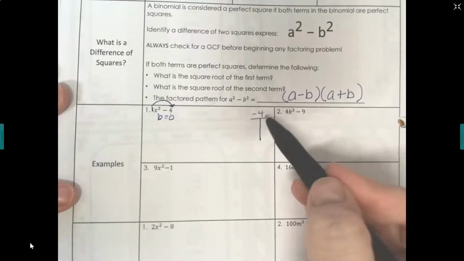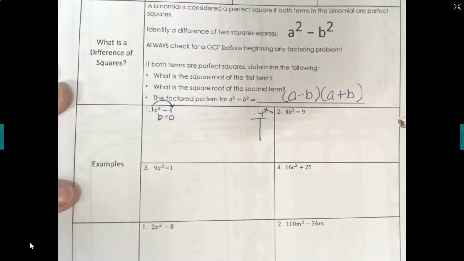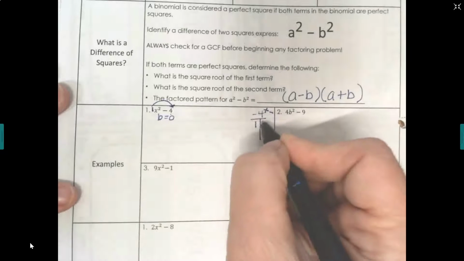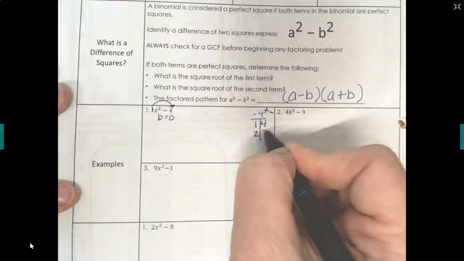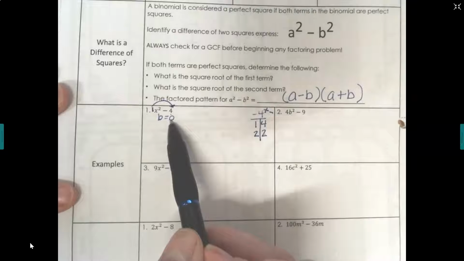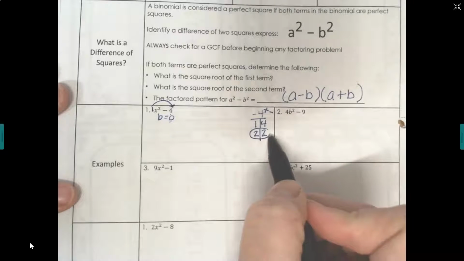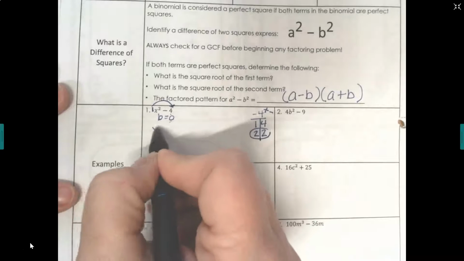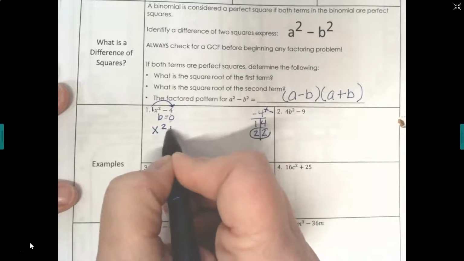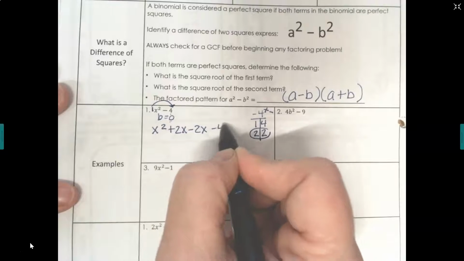Anytime you get a negative value, that means the signs of your factor pair are opposite of each other. The factor pairs for 4 are 1 and 4 and 2 and 2. Which of those would add together to give me 0? A positive 2 and a negative 2. So if I substitute them in: x squared plus 2x minus 2x minus 4.